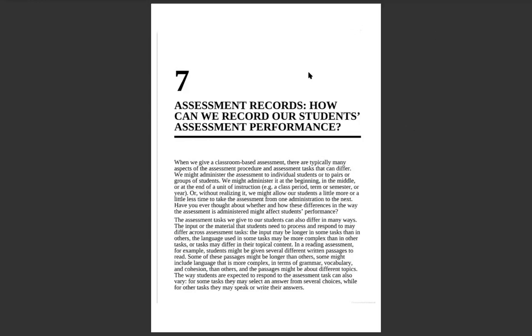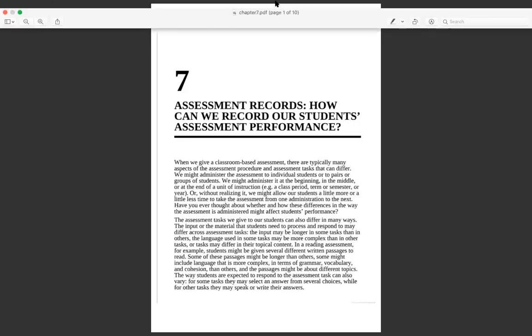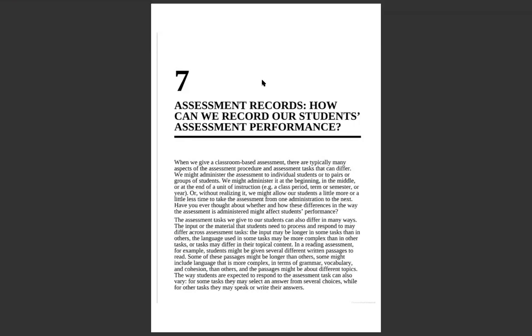Now we talk here about performance, how they do it. Remember, performance can be, for example, spoken, if it's a presentation. It can be written. If they do a quiz, if they mark the answers, it can be a group of choices that the students have made. It can be a paragraph that they write.